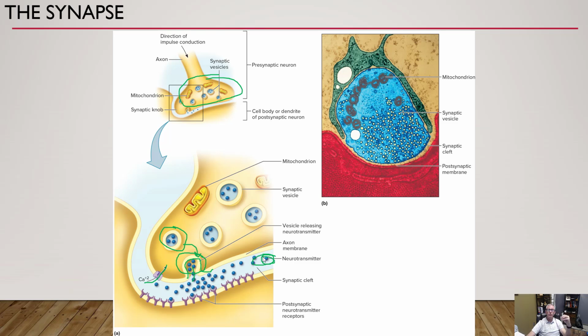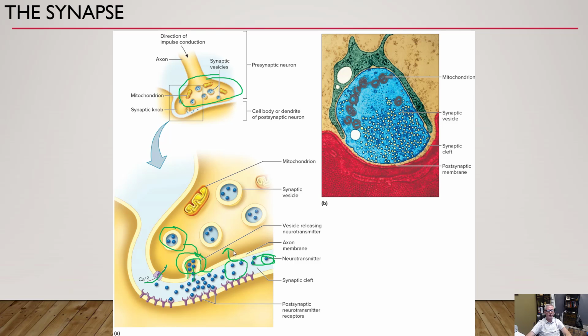However, some neurotransmitters don't get broken down by a chemical or a compound. Some neurotransmitters get taken back up into that synaptic knob, where they get repackaged into these vesicles.